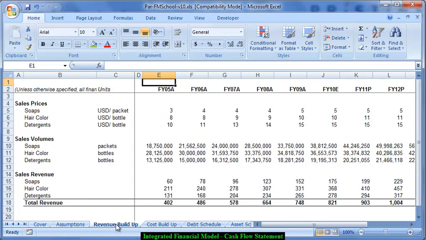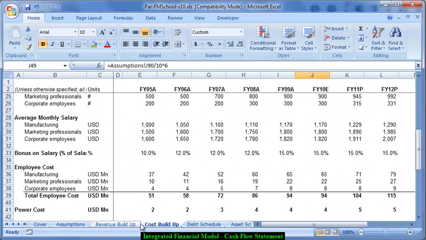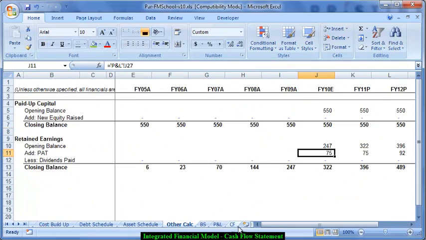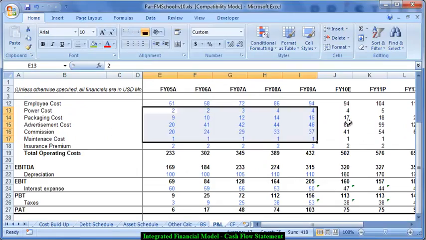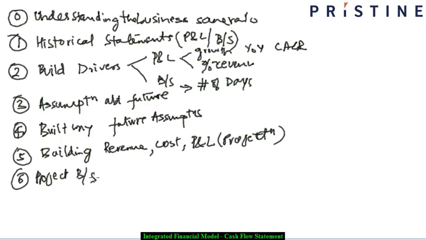So I had a revenue build up, then I had a cost build up, and then we projected the P&L. Is that okay? So this is the projection of P&L. Post building that, we projected the balance sheet. So using these drivers, etc., we projected the balance sheet.